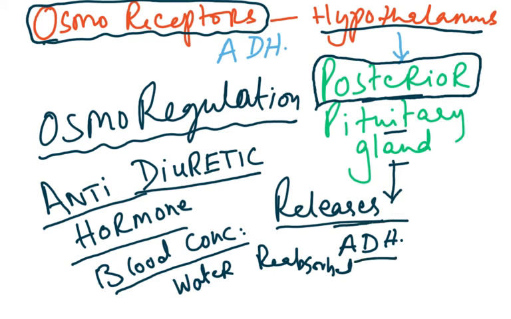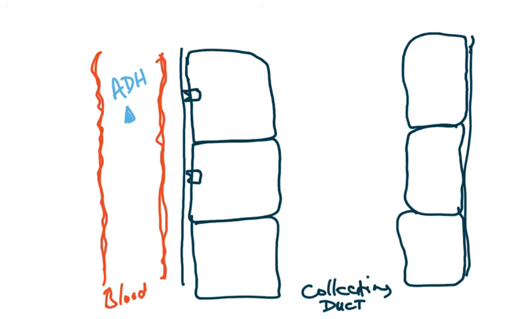More water is reabsorbed. We say it alters the permeability of the collecting duct. So basically the ADH is going to work on the collecting duct and ensure that the water is reabsorbed. We have to realize that the ADH is traveling in the blood.